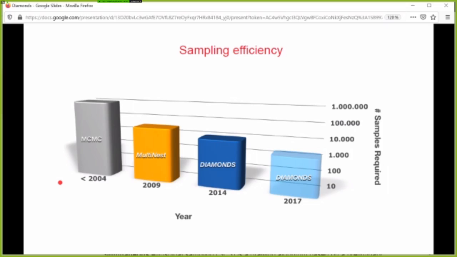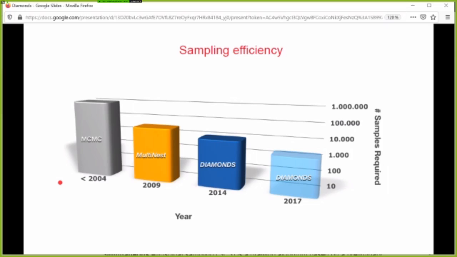Then with the first Bayesian software, written in Fortran in 2009 and called NesteD, it dropped to approximately 20,000 samples. And when DIAMONDS appeared, written in C++, it dropped again, below 10,000 samples, and finally to 1,000 samples to reach exactly the same results.